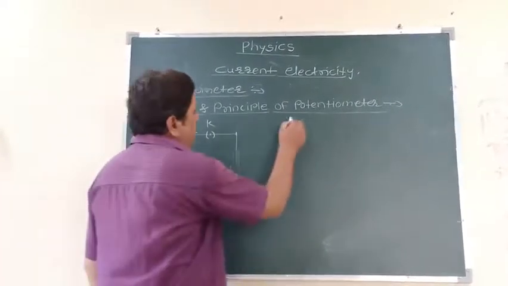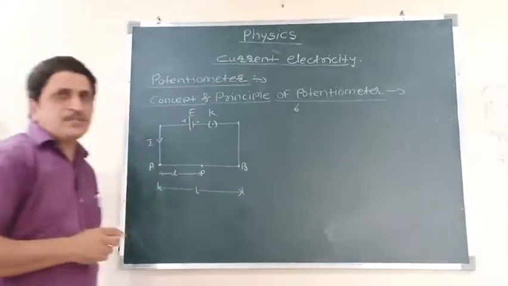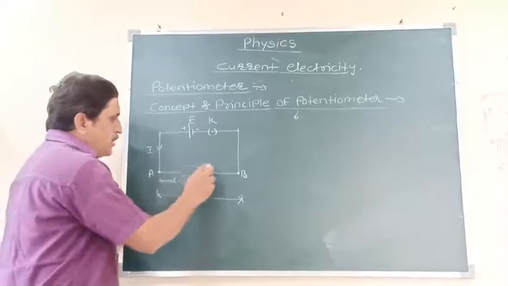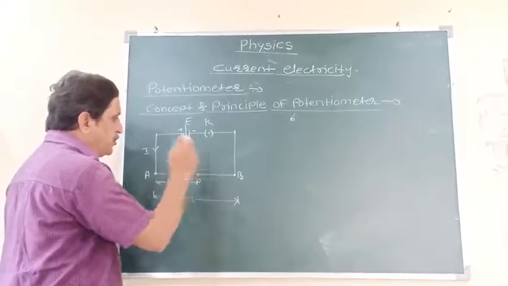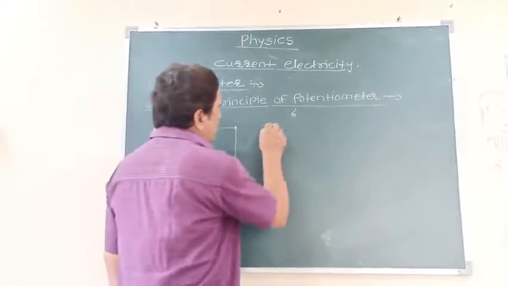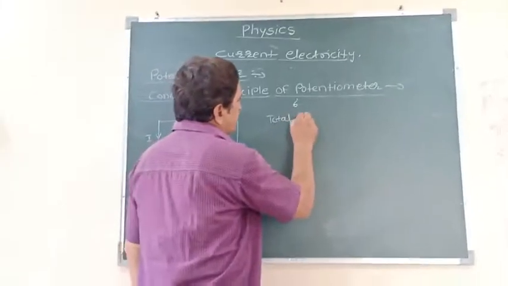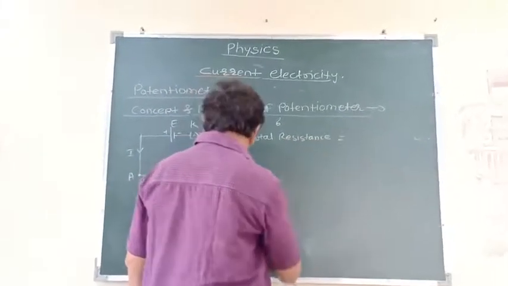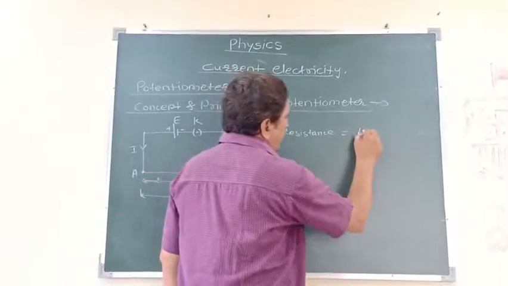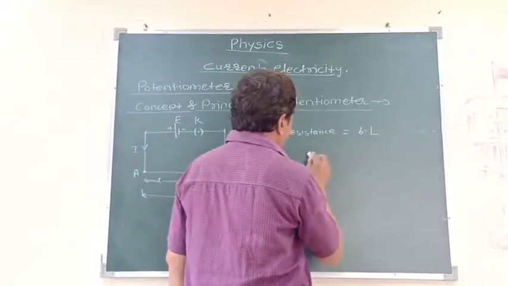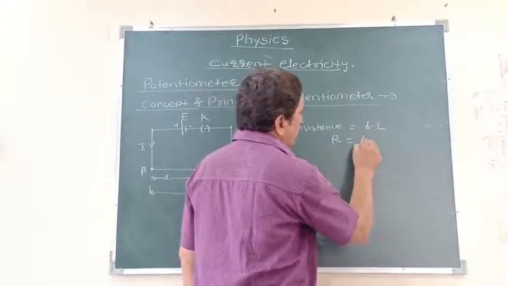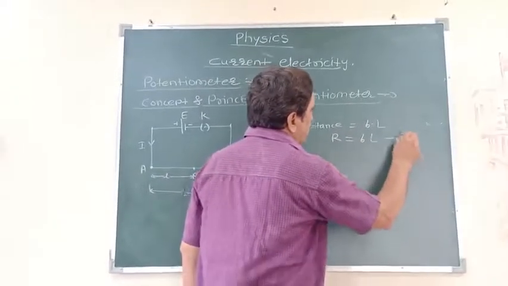Now, if sigma is the resistance per unit length of the wire, then total resistance of potentiometer wire is nothing but resistance per unit length into total length. That means we can write total resistance of potentiometer wire R is equal to sigma into capital L. Give it equation 1.